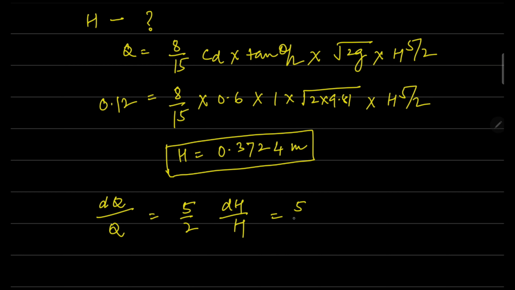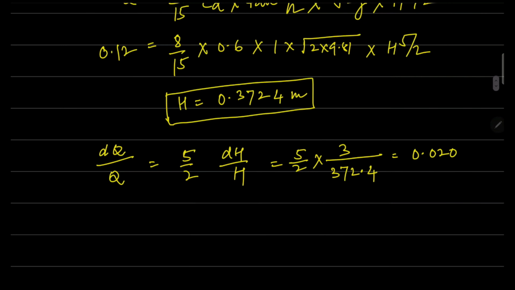So that is 5 by 2 multiplied by dh, which is 3 mm, and here h is 0.3724 meters, that is 372.4 mm. So this value will come out to be 0.020. So in percentage, dq by q is 2.0.